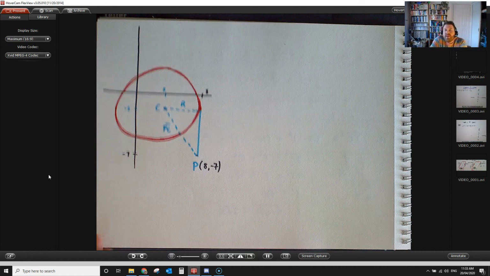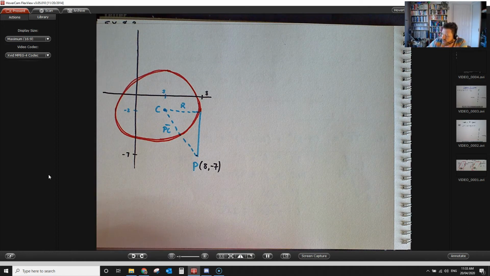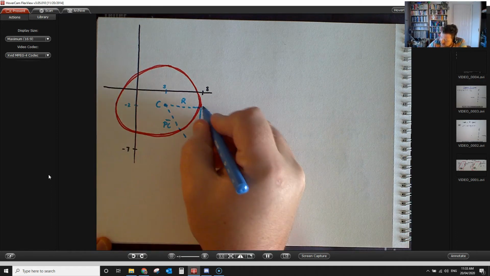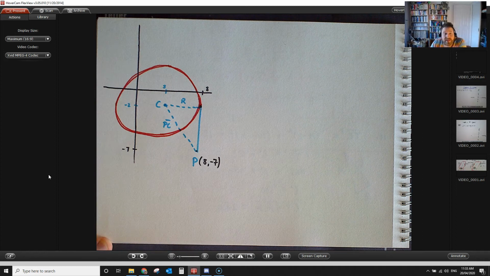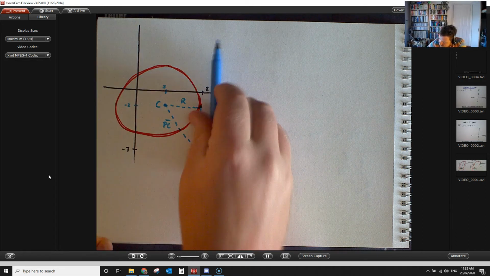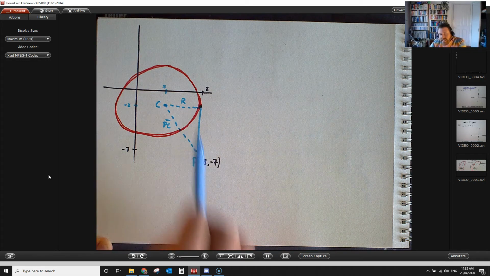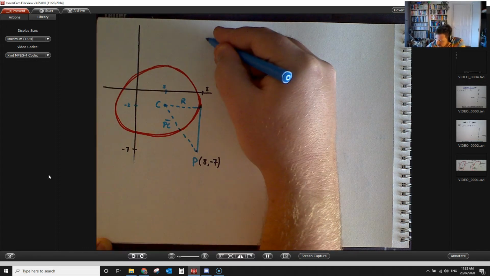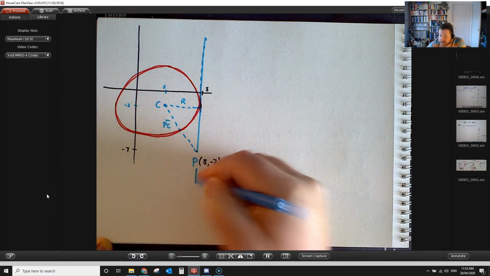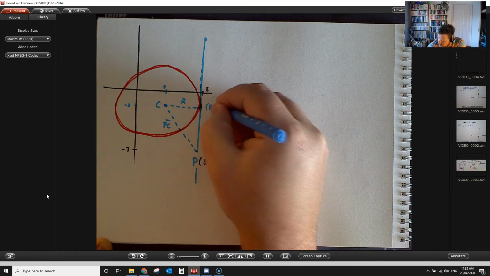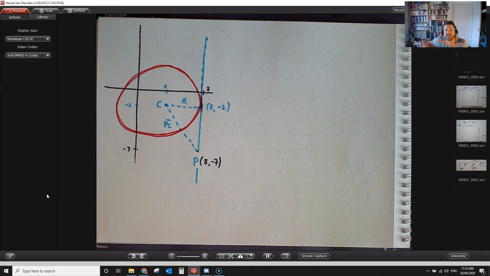But this one, a bit like part B before, is a lot easier than it seems, because if we think about that point there that it's going to run through, we're actually perfectly vertically below the far edge of the circle here. So the tangent is actually just going to be this perfectly vertical line running like this, and that point there is (8, -2), which was the right extreme of our circle anyway.